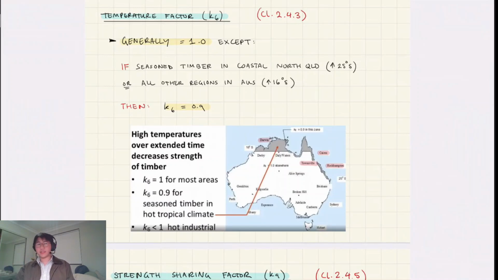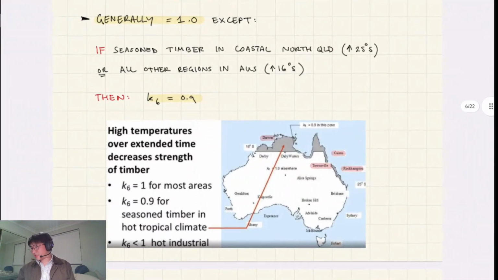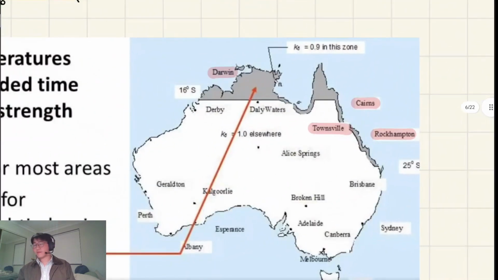So K6 is equal to 0.9 when you're in this grey shaded region. Otherwise, it's just 1. The names of the towns you have to get used to are Darwin, Townsville, Cairns, and Rockhampton. There might be some other ones that pop up, but I don't think they'd be that mean to you.